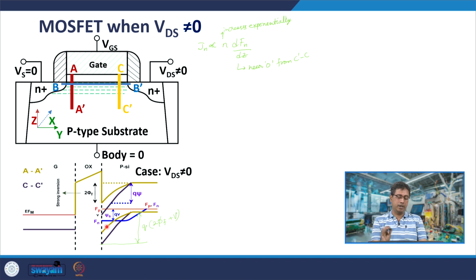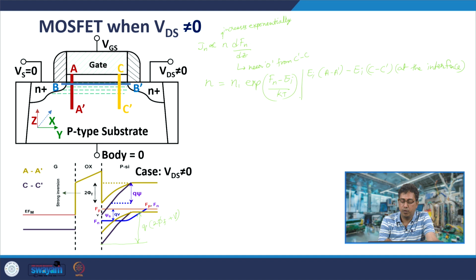And the electron concentration, as we know, is given by this, and Ei at the source edge, that is along A prime at the interface, minus Ei along C prime at the interface, would be qV.